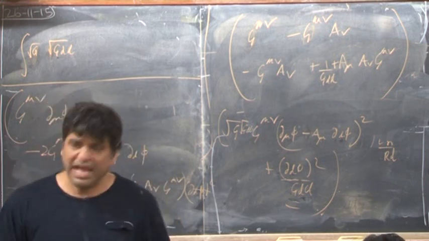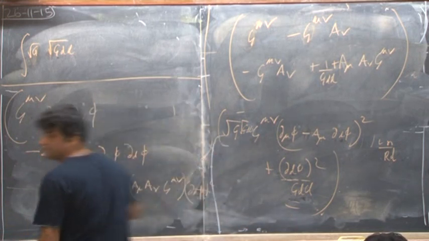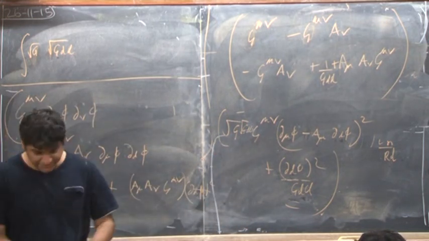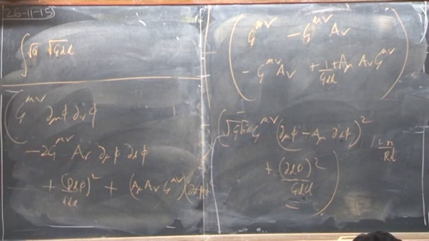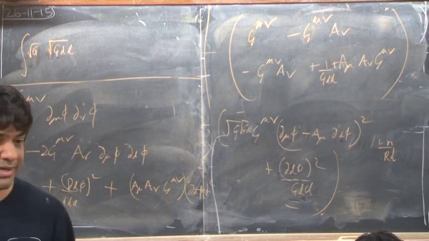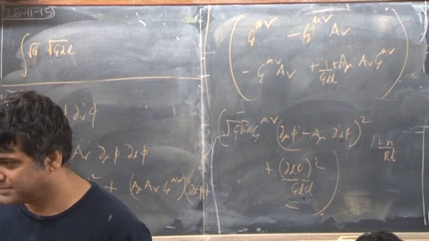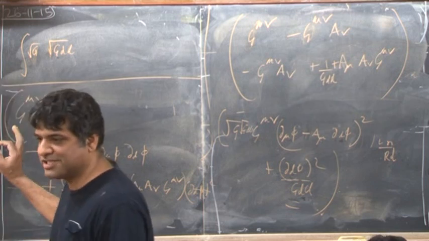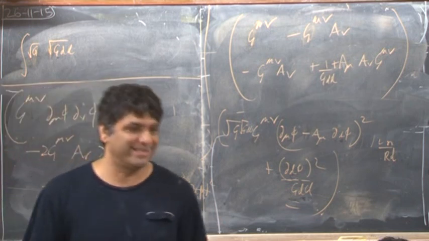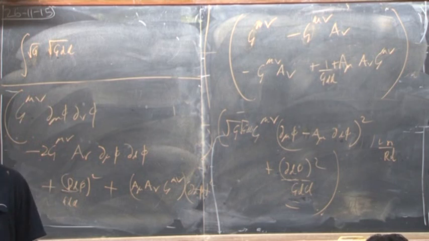So essentially there's an infinite tower of lower dimensional fields with an infinite tower of masses, increasingly high masses, and an infinite tower of charges under the Kaluza-Klein gauge field. Is this clear? Okay, very simple algebra, very simple point, but very important physics, very important fact.